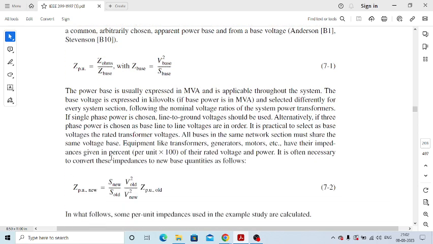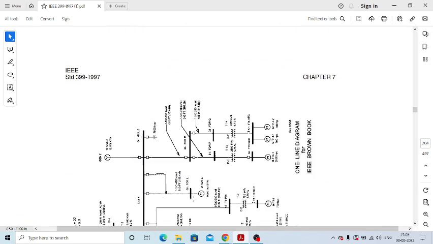Some per unit equations are available in the standard itself. If you do not find all the equations in the standard, then you have to go through some power system analysis books and get familiarized with per unit calculations. Mostly in small systems we will use per unit based calculations for the fault current.